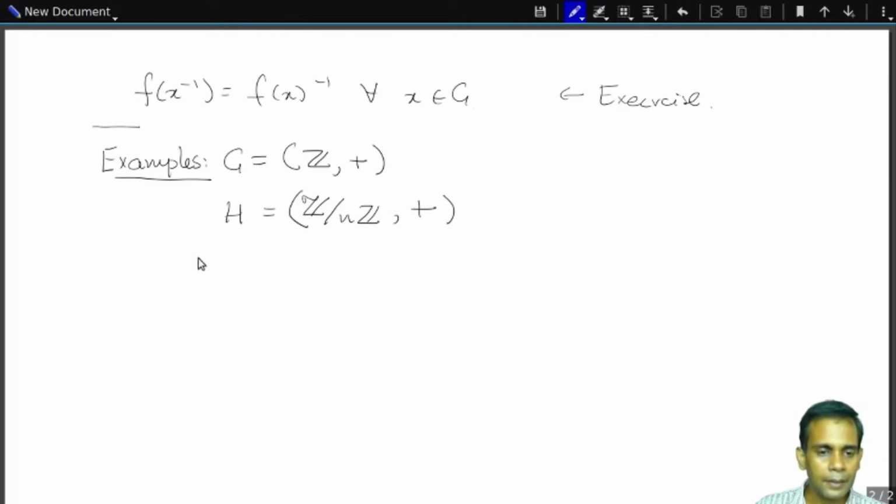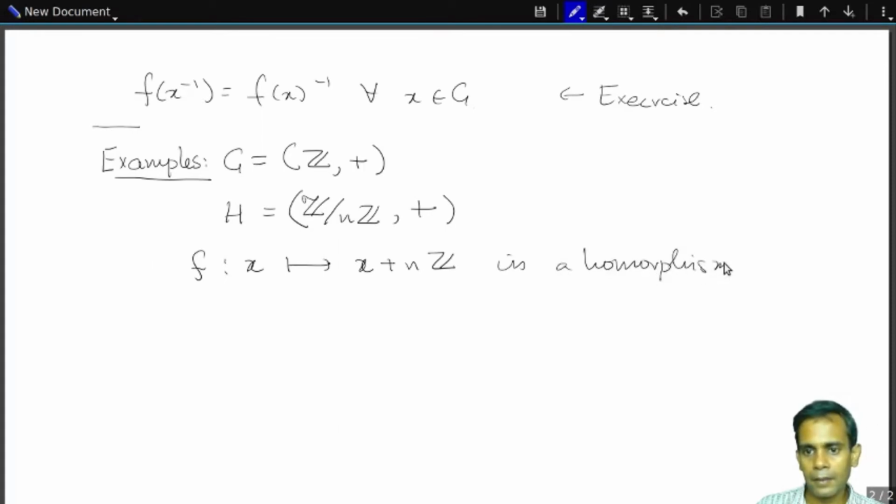Then f taking an element x to its residue class mod N, which I'll write x plus NZ, is a homomorphism. This is a straightforward consequence of the way addition is defined in the group Z mod NZ. So I won't say too much about it. Okay, so that's one example.